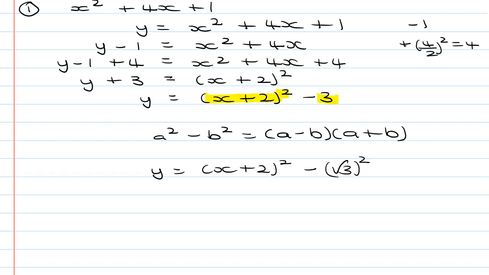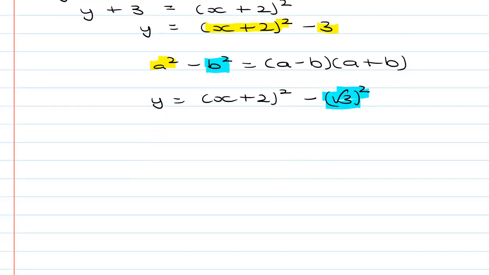Now you see what I've got there is now my b expression. So I have a squared, highlighted in yellow, and I have my b squared, sorry, I should use yellow for that, not blue, apologies. a squared, and then b is highlighted in blue. So I can now write this as a difference of two squares, which will then make this expression from completed square to fully factorized form.